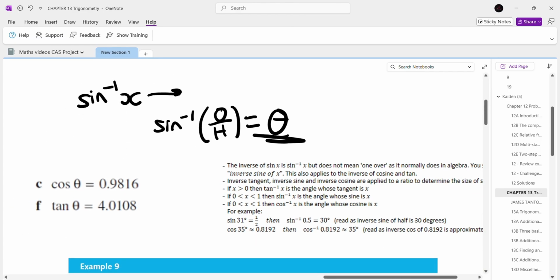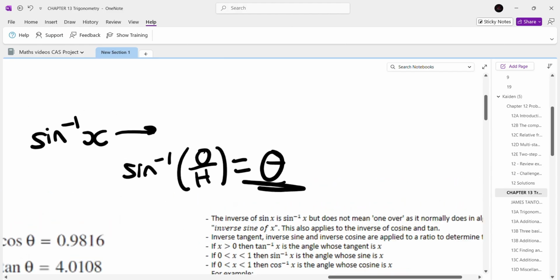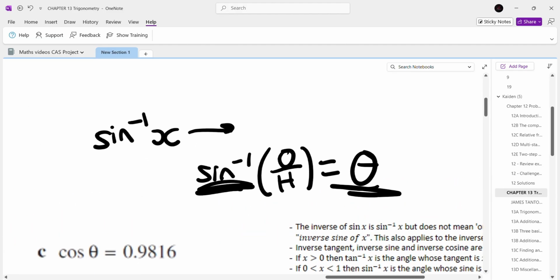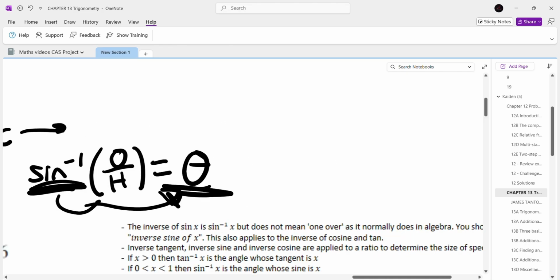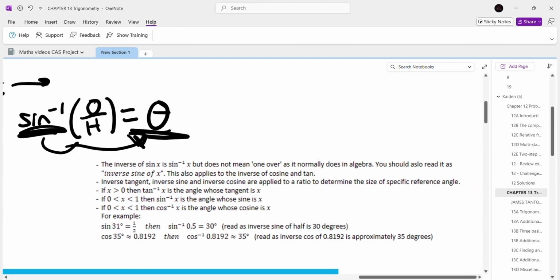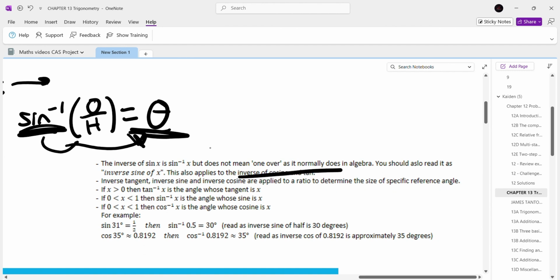It does not necessarily mean 1 over x, but it does mean that it's just the inverse sine. So it'll give you back your theta value. As you can see here, these are the different rules.